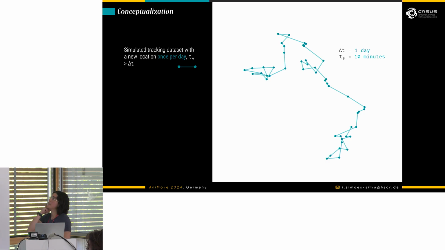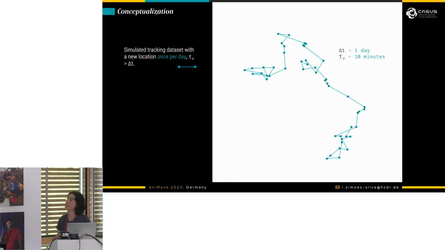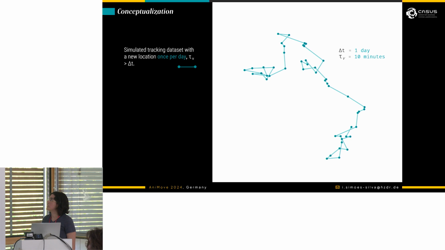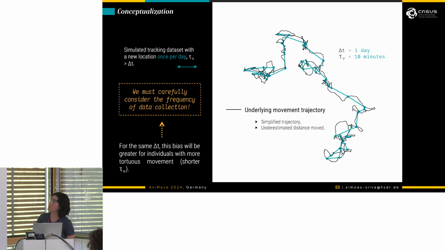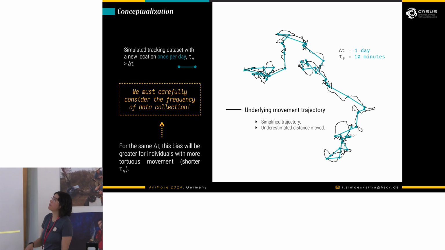So for example, here we have a simulated tracking data set. This is a new location every day. That's the sampling interval. And the underlying velocity autocorrelation is around 10 minutes. That's how long it takes for the velocity autocorrelation to decay. However, because it was days between locations, we're missing out.